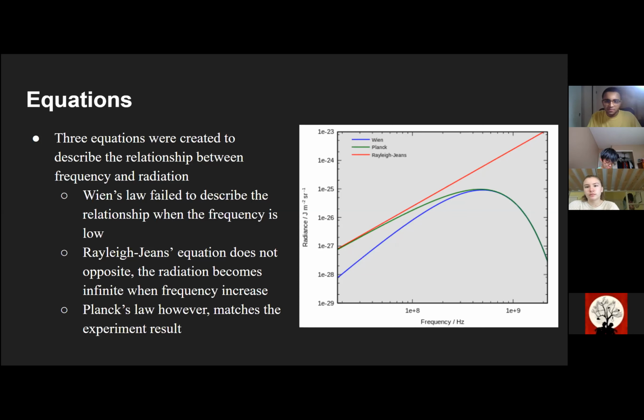When the frequency is low, it perfectly matches the graph, but when the frequency is high, it just goes to infinity. This is known as the ultraviolet catastrophe, which we'll talk about later. Planck's law, however, matches the experimental result completely, which is that green line on the graph.